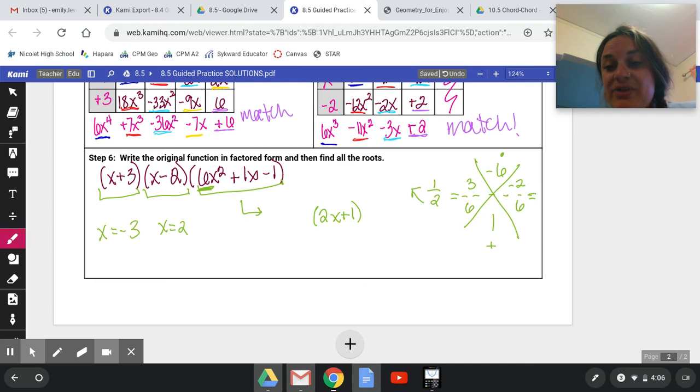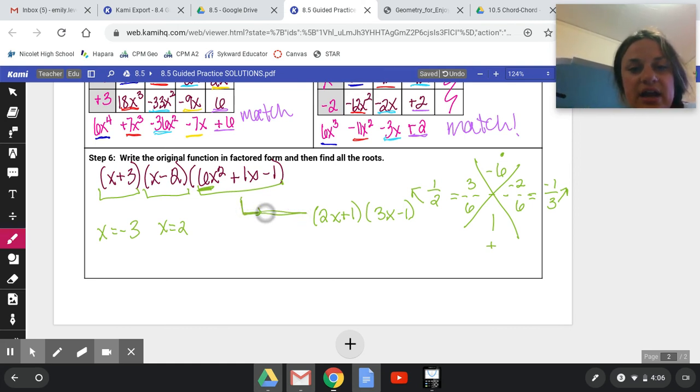That simplifies to -1/3. Once again, I can't have that denominator, so my other factor is 3x minus 1. So I've got my quadratic in factored form. I factored it. So exciting. And I'm going to use these two factors to find my other two roots.